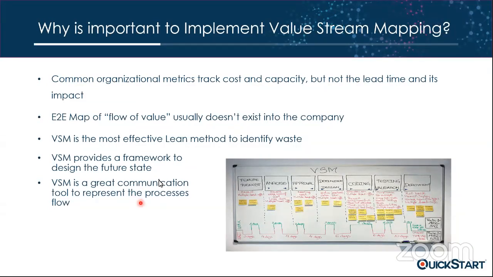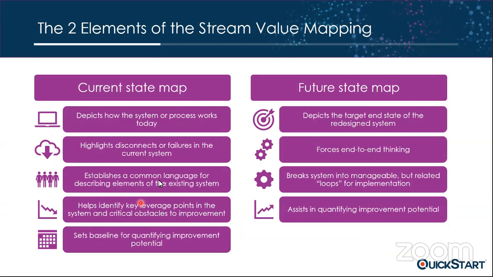So VSM provides a framework to design the future state, right? This is the second part. So the two elements that I mentioned a few minutes ago for the value stream mapping are the current state map, right? And the future state.